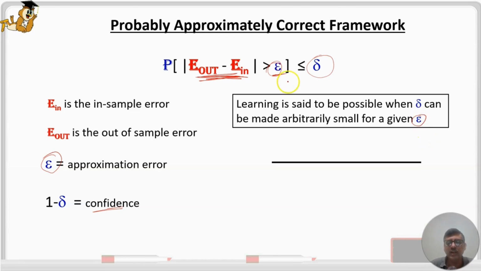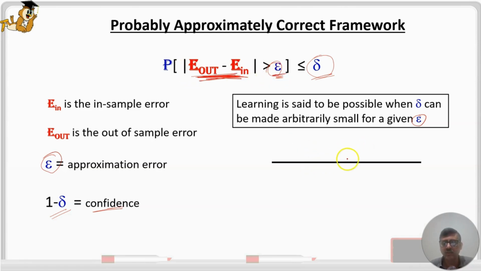Why would you like to make delta arbitrarily small? Because you would like to make 1 minus delta, the confidence, as high as possible. You would like to ensure that with a very low probability, the absolute difference between E out and E in is greater than your given epsilon.